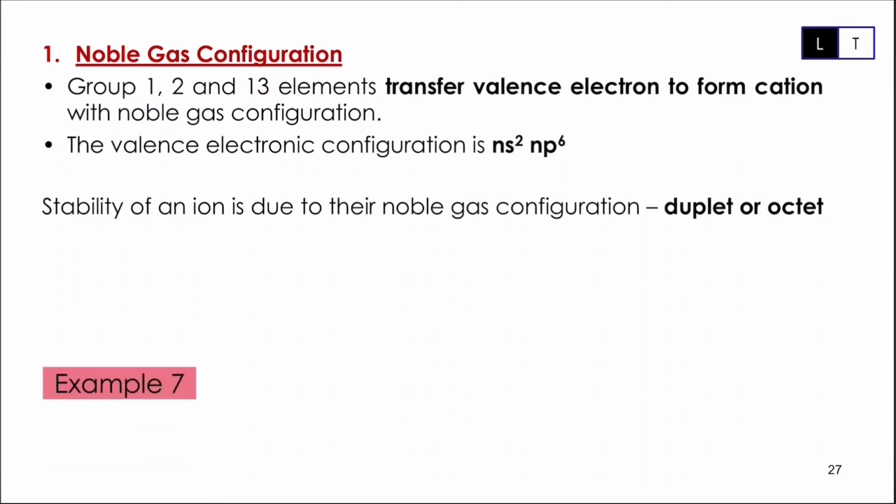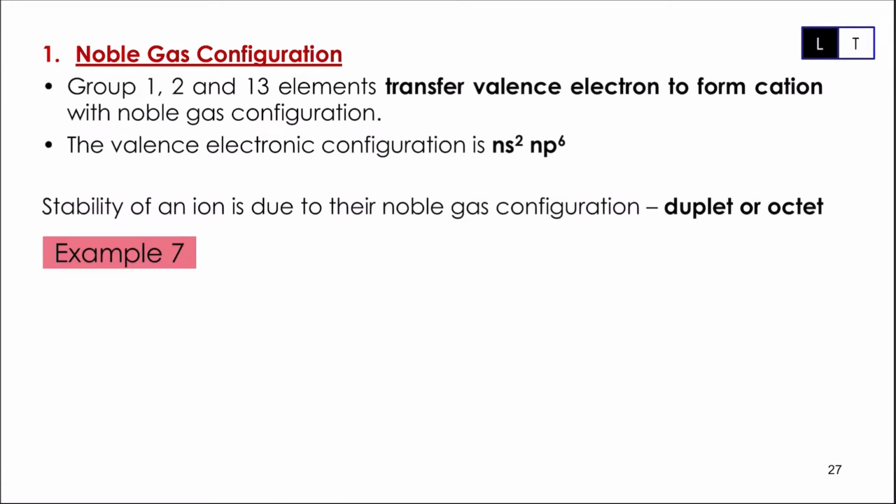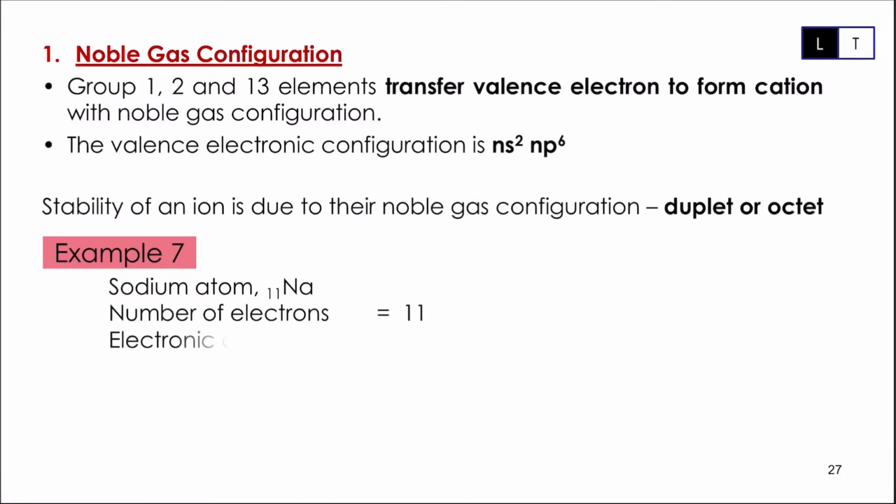For example, I have a sodium atom with proton number 11. Then, the number of electrons will be 11. The electronic configuration is this one. As you see, the highest n value is n equals 3. So when n equals 3, we know that in this valence orbital, we have 3s, which has one valence electron.